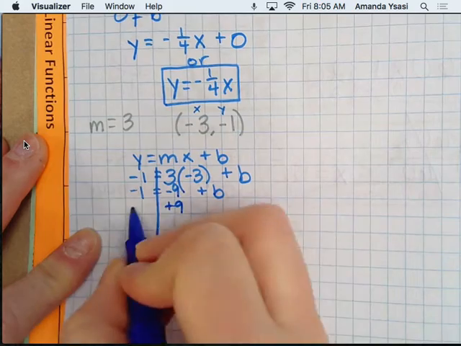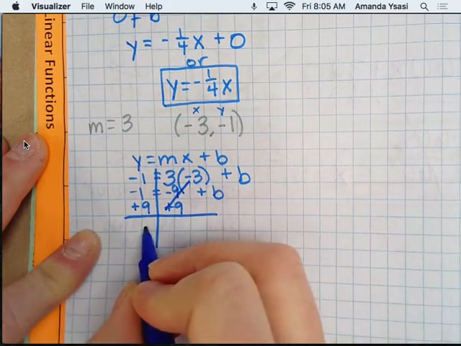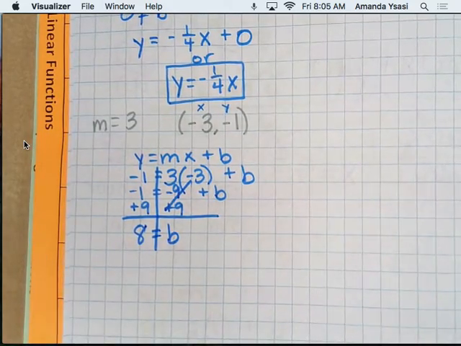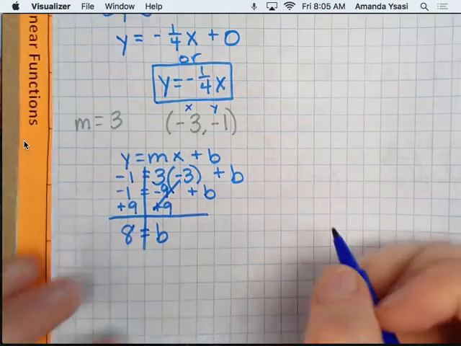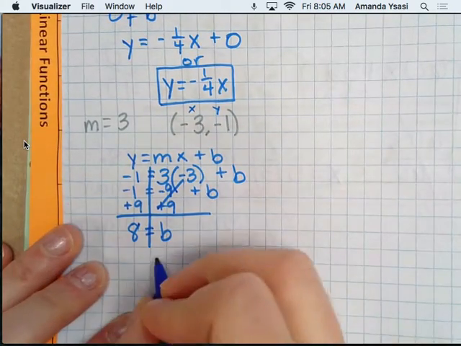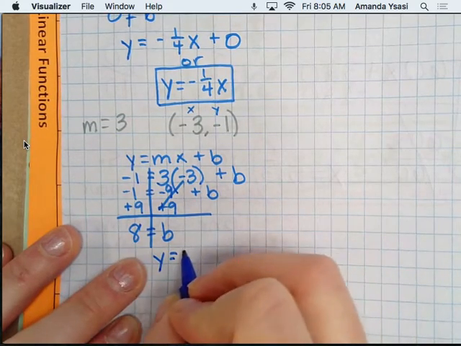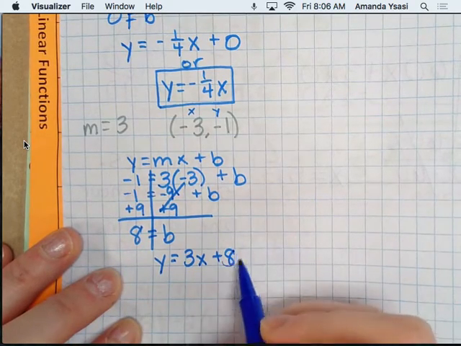Add 9 to both sides. And we get 8 equals b. And now we write the equation. You with us? Okay. 3x plus 8, because that is your b.